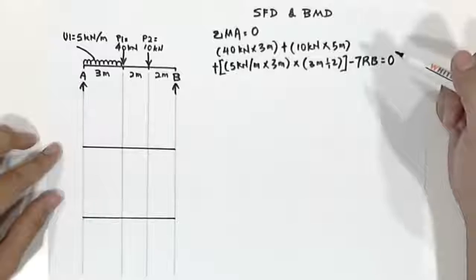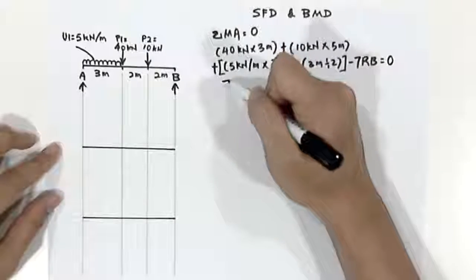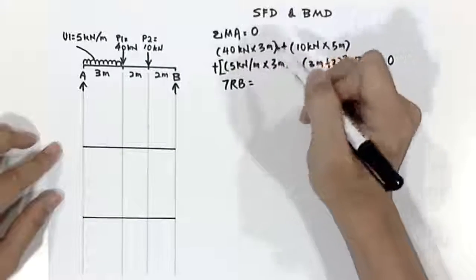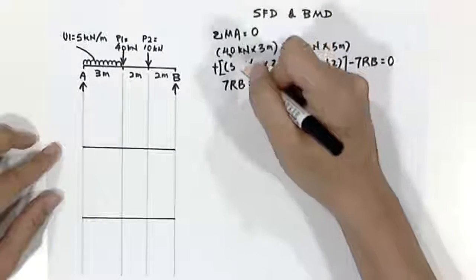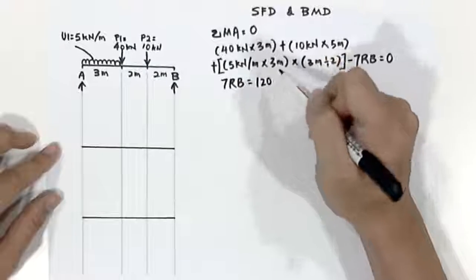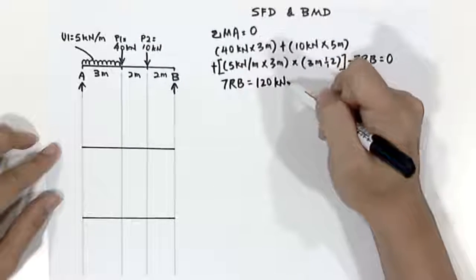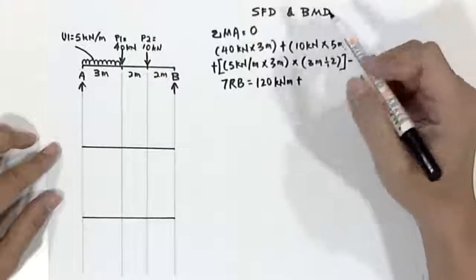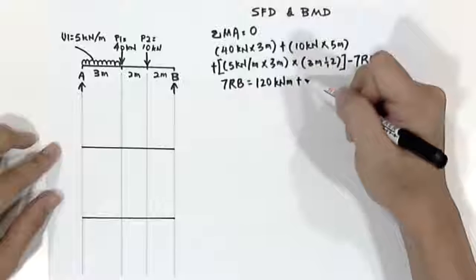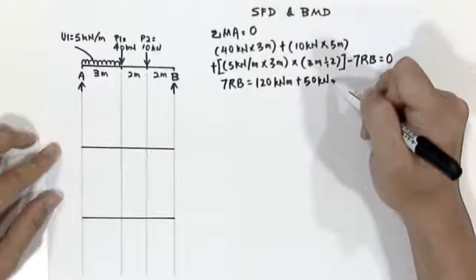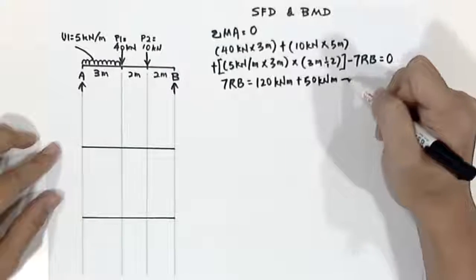So we rearrange the equation in a way that 7 RB equals to 40 times 3, which is 120 kilonewton meter, plus 10 times 5 meter, which is 50 kilonewton meter, plus 5 times 3 times 3 divided by 2, which is 22.5 kilonewton meter.